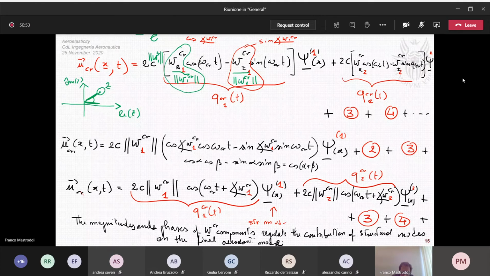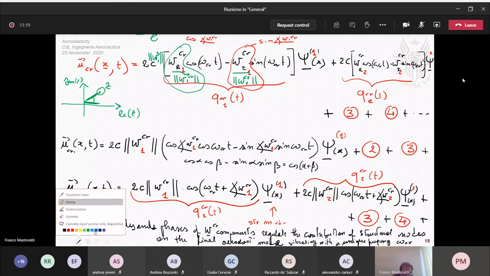And this final aeroelastic mode is a mode in critical condition vibrating with a unique frequency, omega critical. Everything is vibrating in time with omega critical.